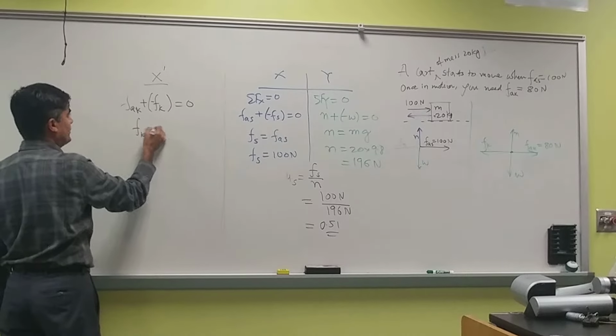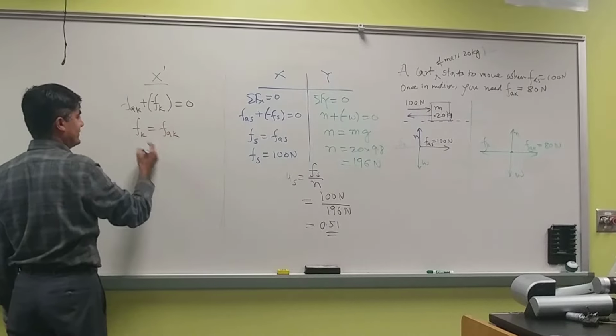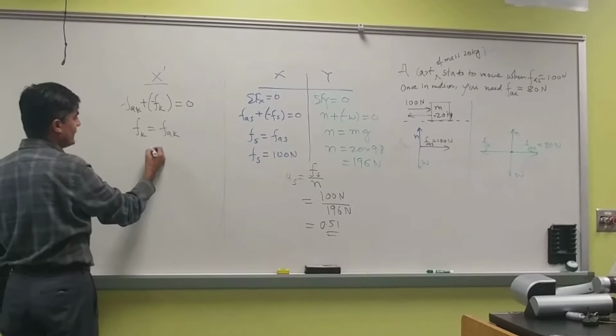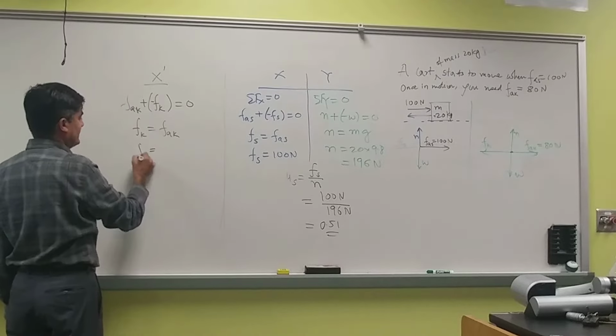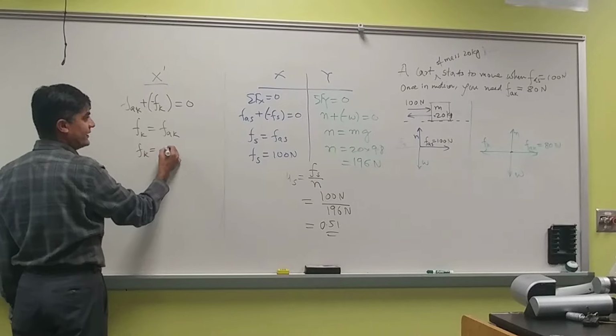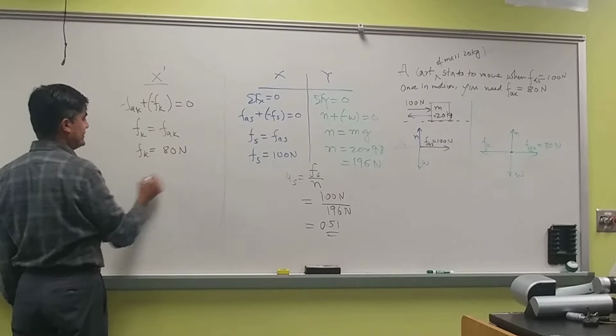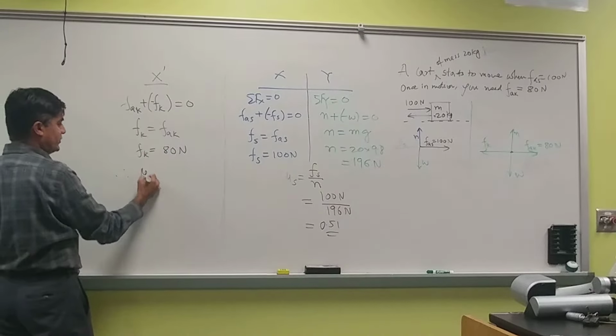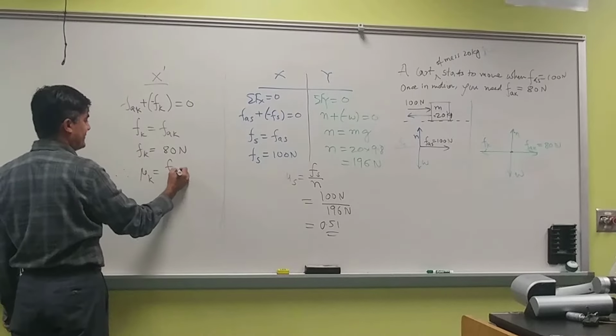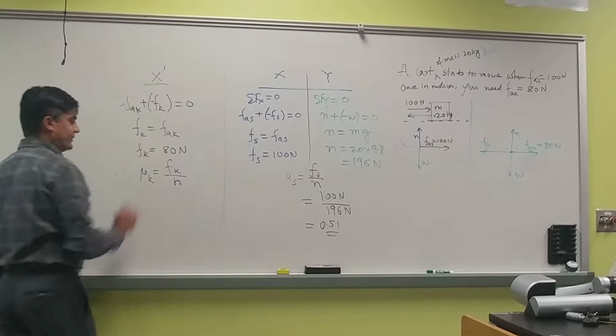So F of k will be F of a k, which is 80 Newton. Therefore, mu of k will be F of k divided by N.